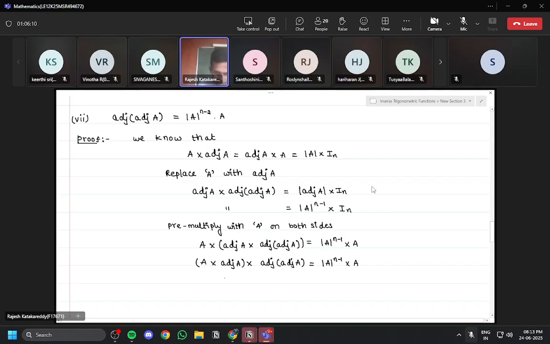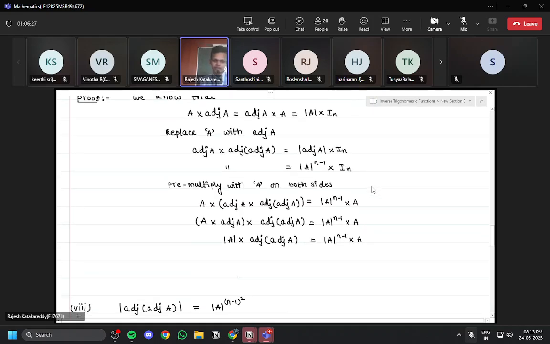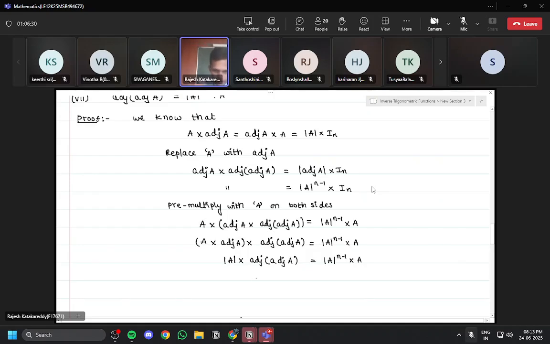This is determinant of A into adjoint of A. So we have determinant of A to the power n minus 1 into matrix A. So cancel determinant on both sides. We have what? Adjoint of A is equal to determinant of A to the power n minus 2 into matrix A.